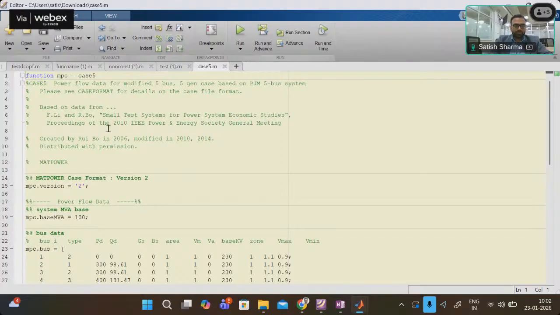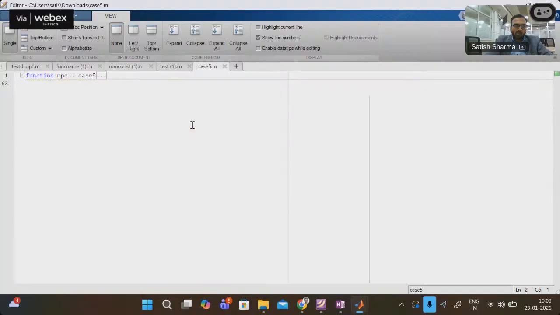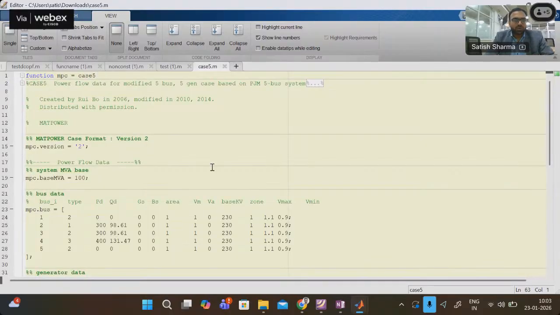And if you can see here, just a second. Okay, so if you see in this particular code, it's a five-bus system, and here is how to read this particular data.